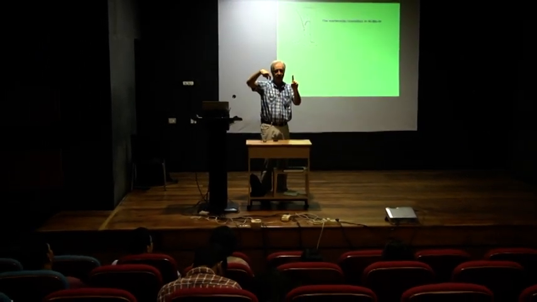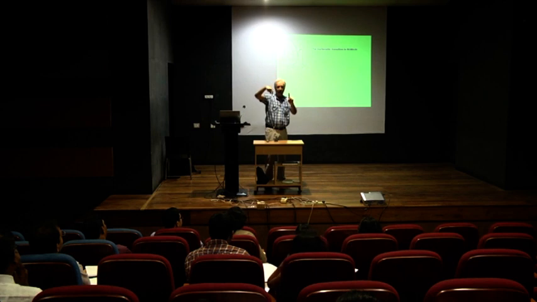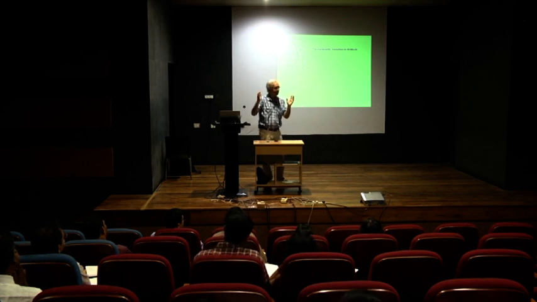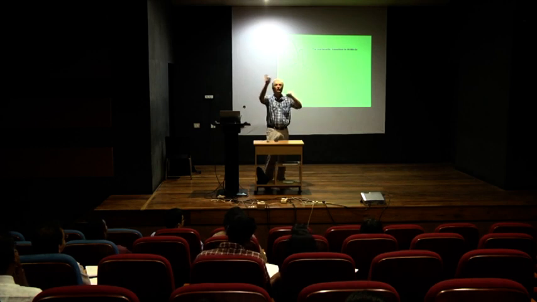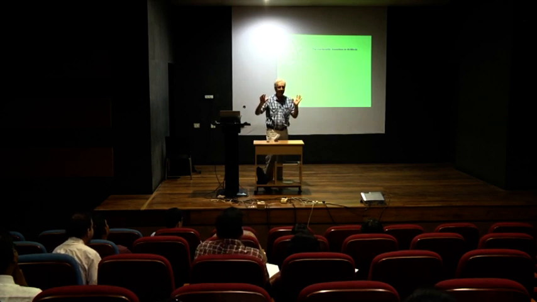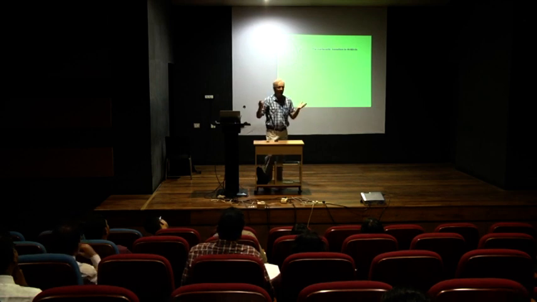So if 2 of them agree, what's the third one going to do? If the third one is going to agree with this one, then it has to point up. If it's going to agree with this one, then it has to point down. So it can't do anything. It gets frustrated. That's why we call this frustration. And it points in any direction it wants. It requires some configuration. How many of these configurations are there? Maybe infinite. It can be like this, like that, or whatever. So we call this a glass. Okay, it's like a glass. So we call it a spin glass.